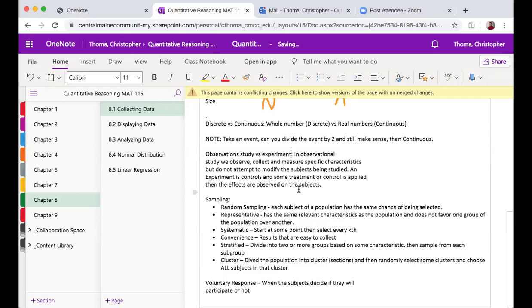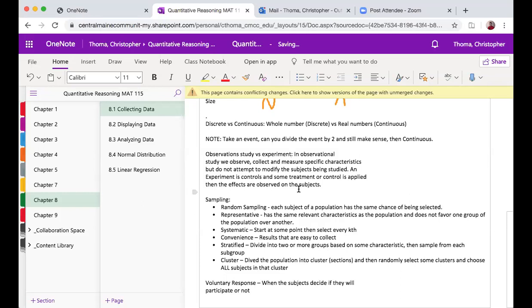So if someone in the population has a higher chance of being selected versus another, then your data is not unbiased, right? So we want to make things have equal chance of being selected.